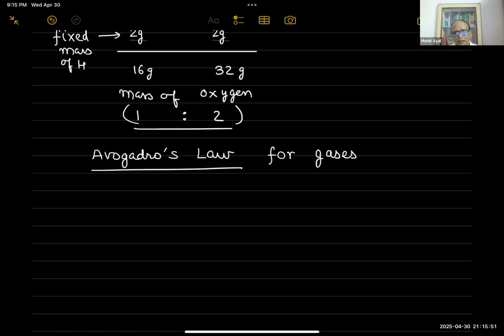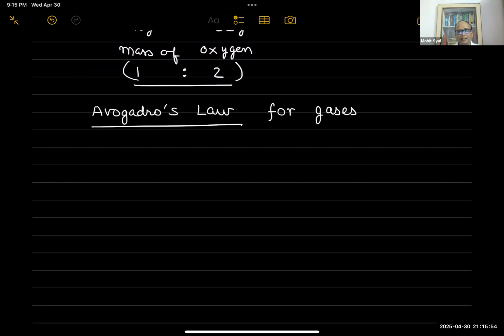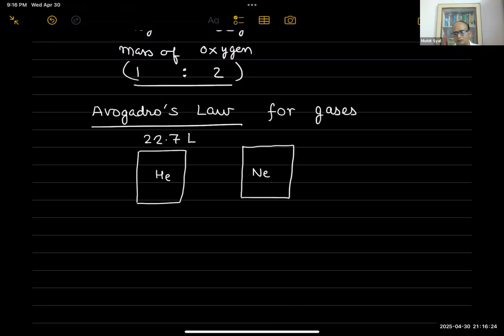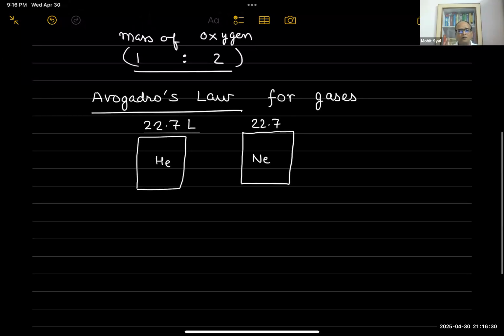So different gases, equal volumes of different gases. Let's say I take 22.7 liters of oxygen or helium, 22.7 liters of neon.